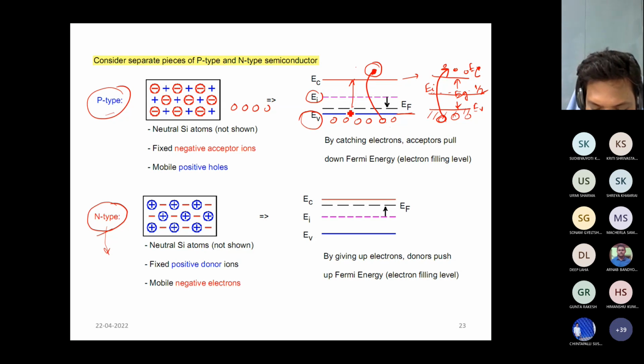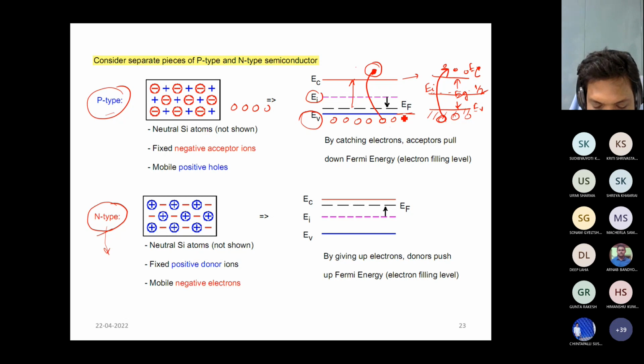The position of the Fermi energy is very important to get an idea of how many electrons or holes are there in the valence band and conduction band. So in a p-type semiconductor, the position of the Fermi energy will be closer to the valence band energy level.